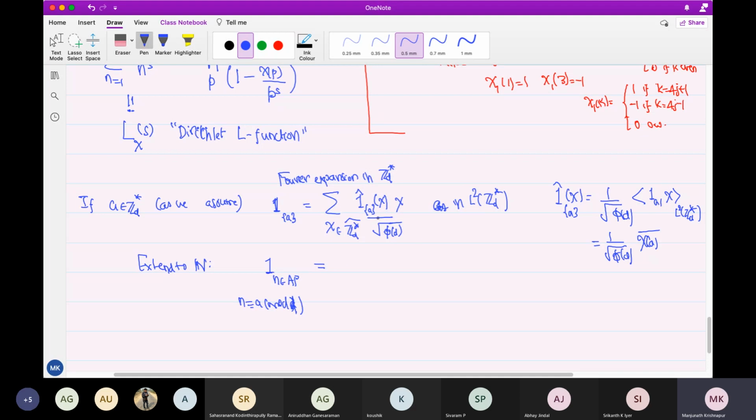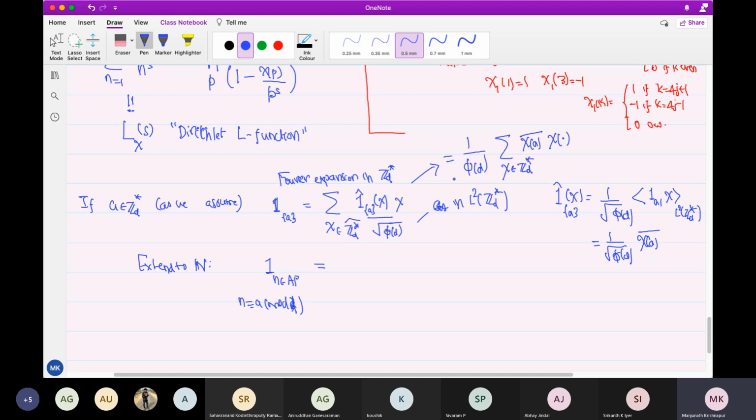So, before writing the general one, maybe I write it here. This is actually 1 over phi of D, the two square roots combined, times the sum over all characters chi of ZD star of chi of A conjugate times chi.